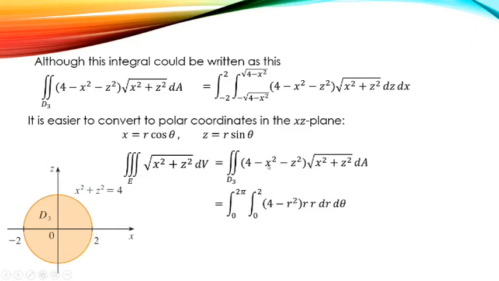Okay, so this is minus r squared. And yung square root of x squared plus z squared is actually r. And dA would be r dr d theta. And yung r is evaluated from 0 to 2. So distance ng any point inside the disk is from 0 to 2. And yung theta is from 0 up to a complete rotation 2 pi.